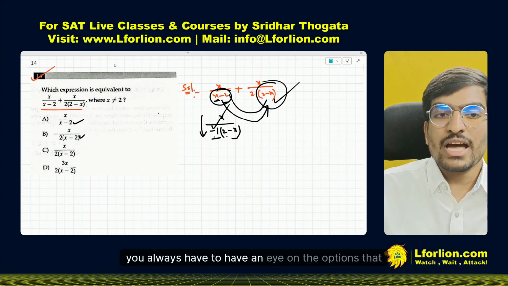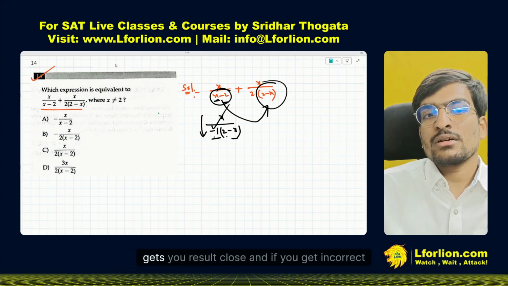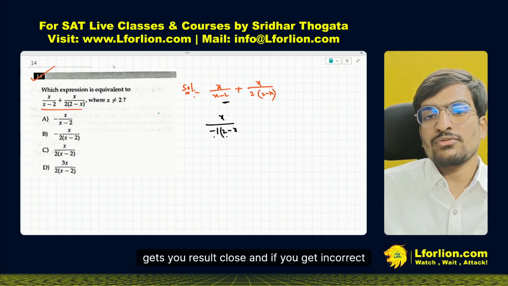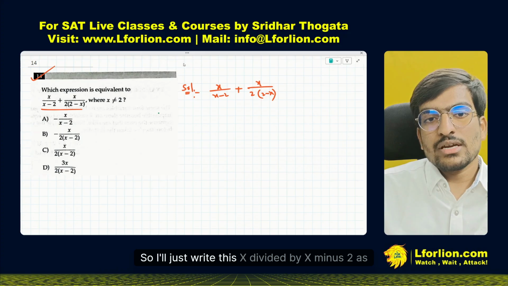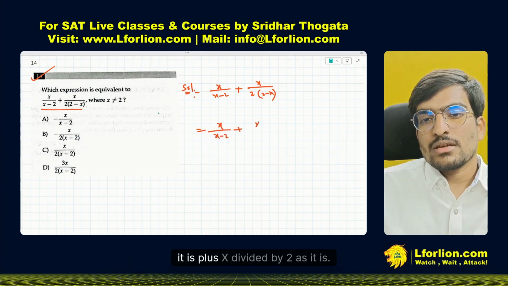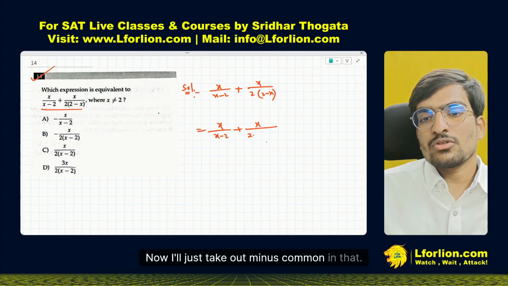You always have to have an eye on the options, so that you get close to the result, and if you get it incorrect you can also recognize it. So I'll write this x divided by x minus 2 as it is, plus x divided by 2 as it is. Now I'll take minus common in that.